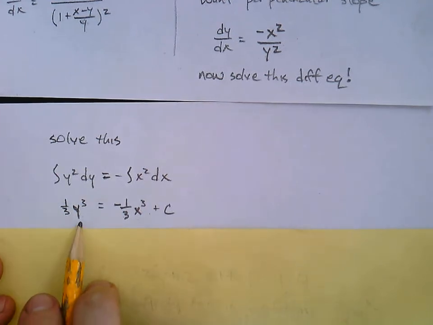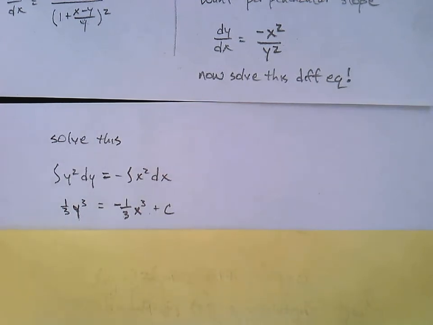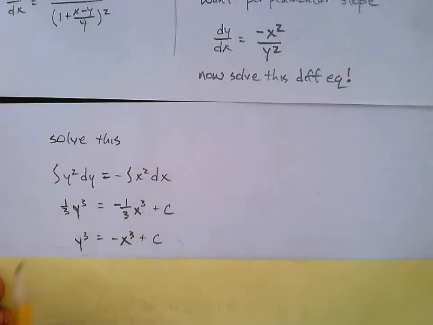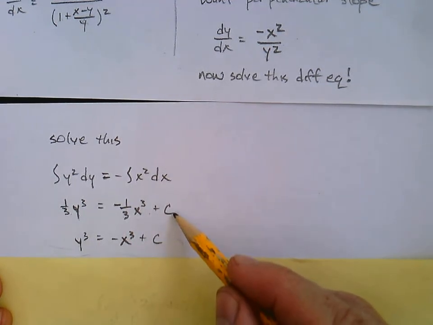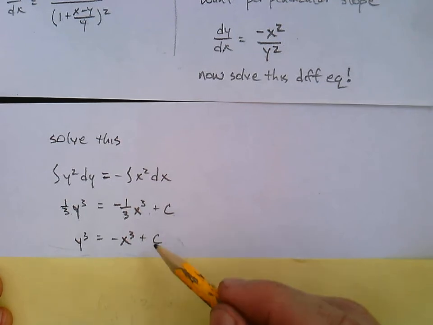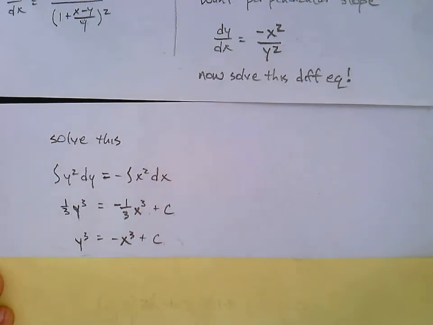And what we want to do is find an explicit solution because we want it to represent a function. So we can multiply everything by 3. Notice we are multiplying c by 3. It just so happens that 3 times c is still c, it's still arbitrary.